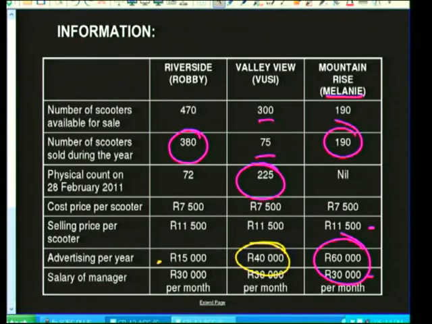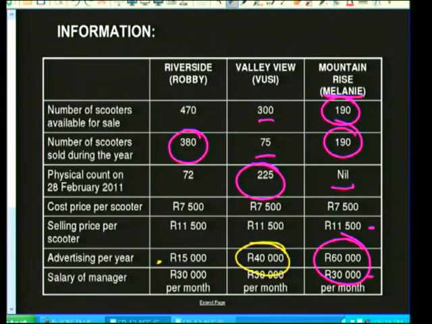But there's actually an even bigger problem. Can you see that she only had 190 scooters in stock to begin with? So in fact, Melanie has sold out all the scooters that she had. Her advertising is actually working quite well because everybody is coming to buy the scooters. She had 190, she sold 190, and she has absolutely none left over.